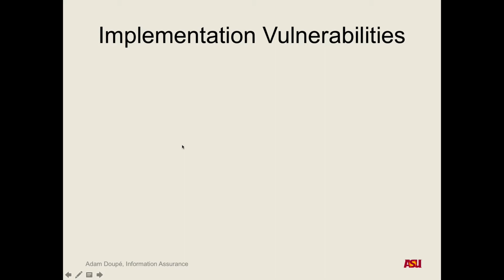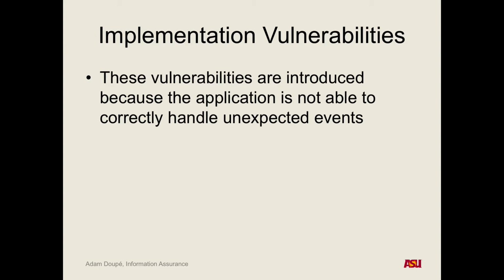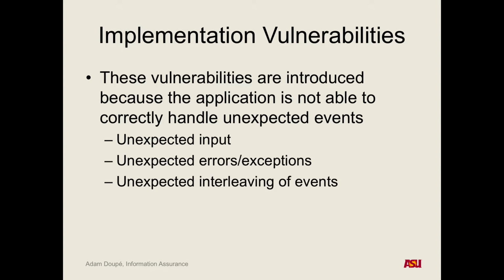So, apart from design vulnerabilities, there are vulnerabilities in the actual implementation. These are kind of hard to classify because there are so many different types of events. Basically, the idea is that the application can't correctly respond to unexpected events: unexpected input, unexpected errors, or unexpected interleaving of events.